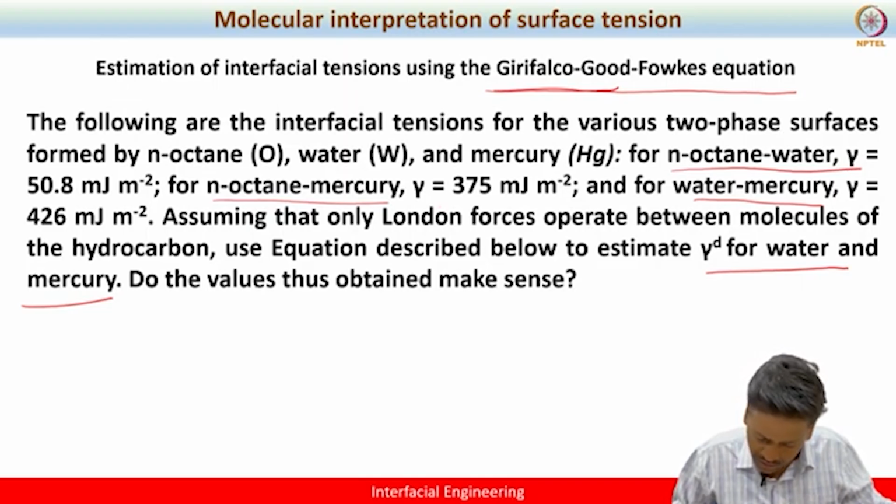For octane-mercury, the interfacial tension is 375 millijoule per meter square.